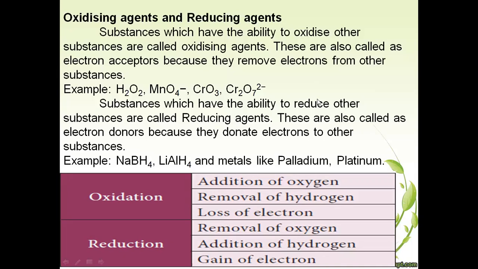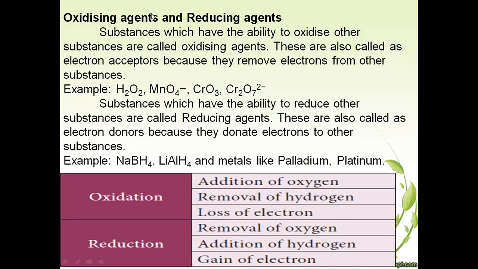So these substances or metals reduce other substances. This is called a reducing agent or electron donor because they give, or donate, electrons to other substances. Do you understand?